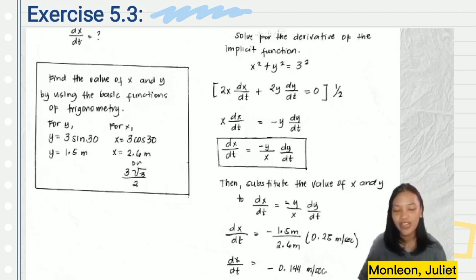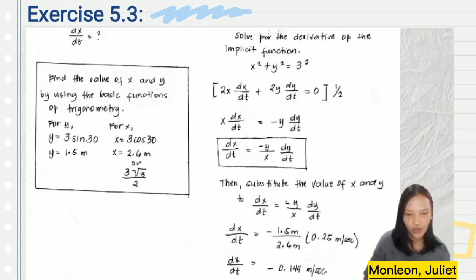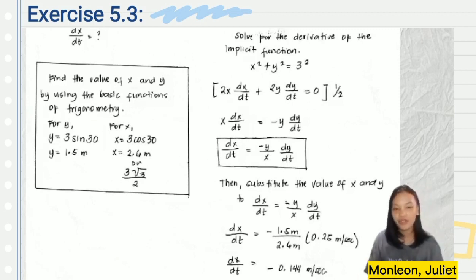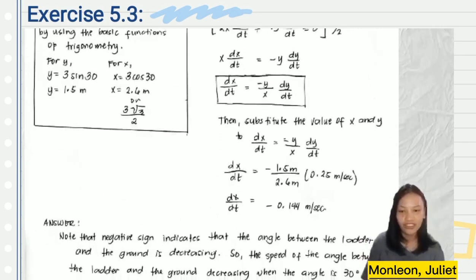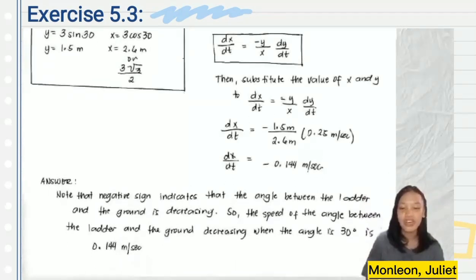By simplifying, we have the result of negative 0.144 meter per second.